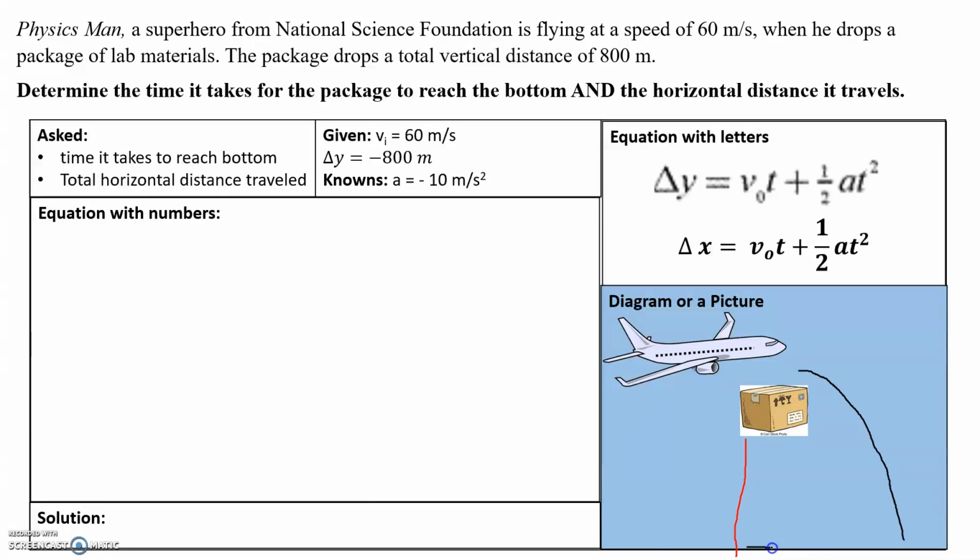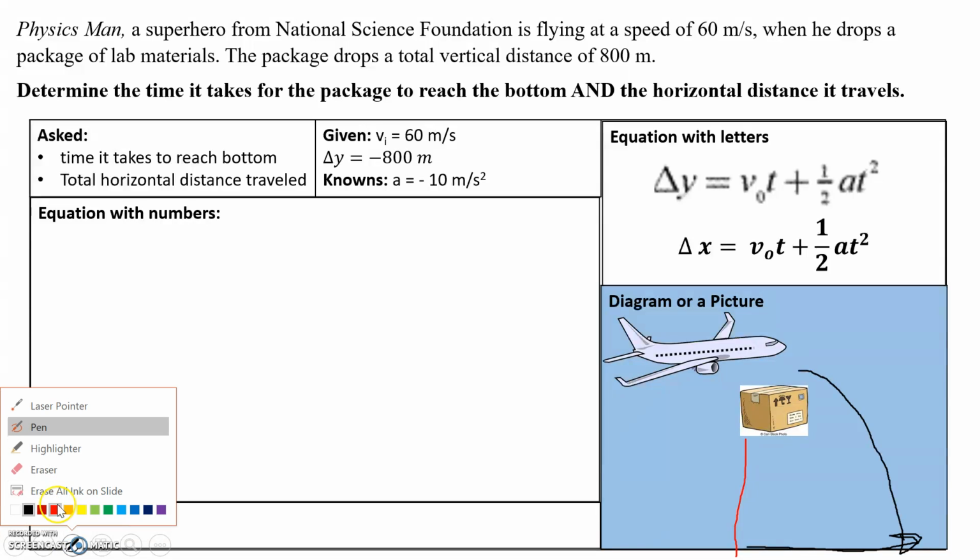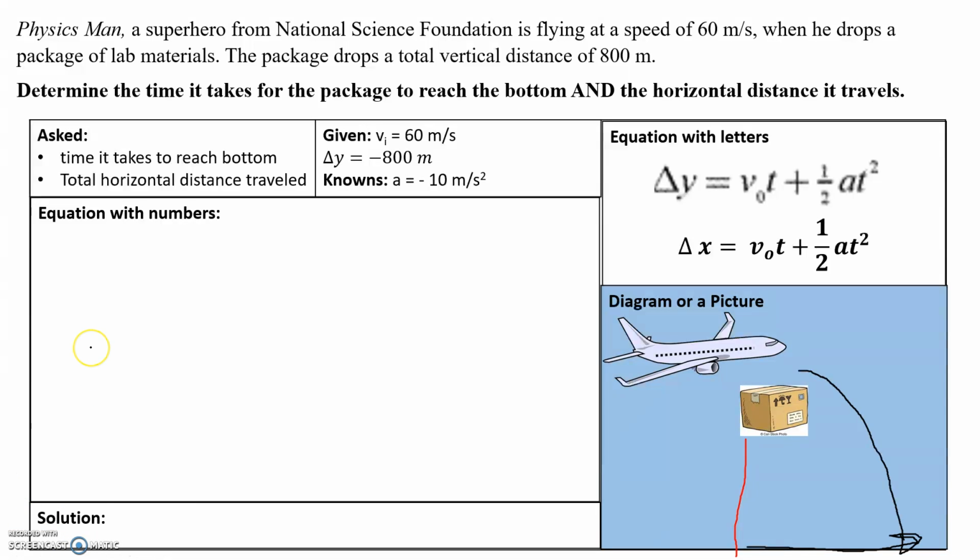So we'll have to find what this distance is, and we will also have to find the time it will take for the package to reach the bottom. Okay, so first we need to find the time that it takes for the package to reach the bottom.